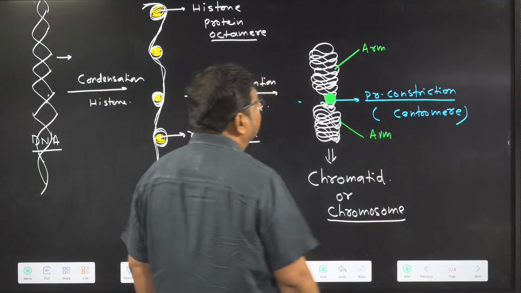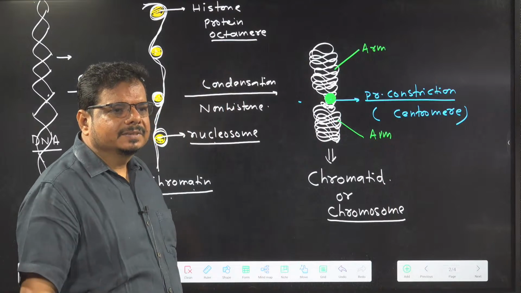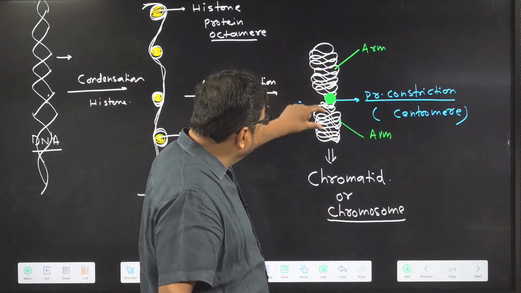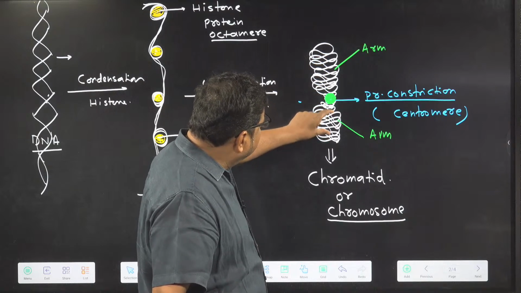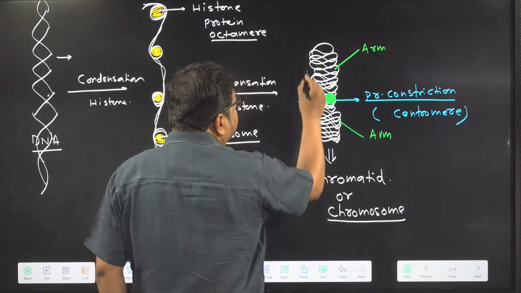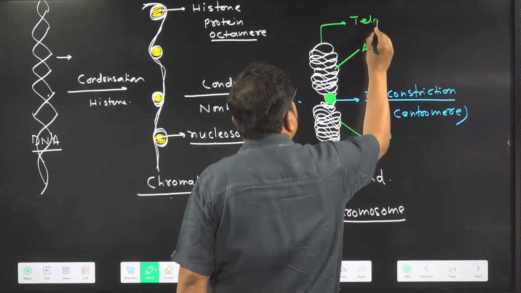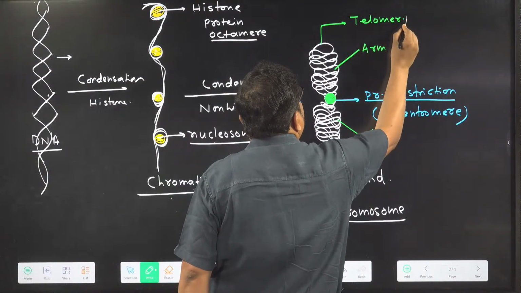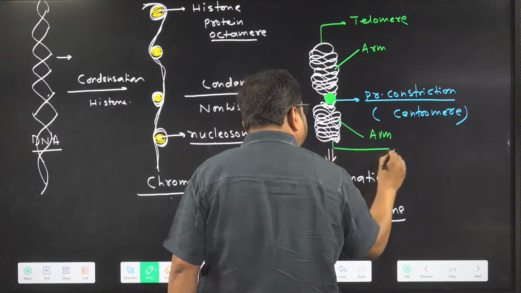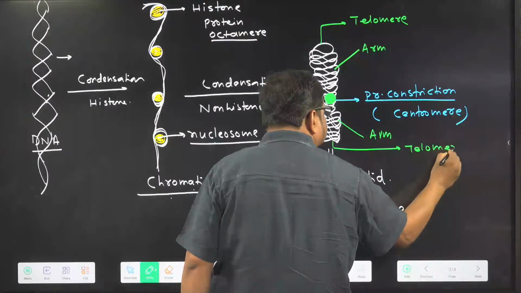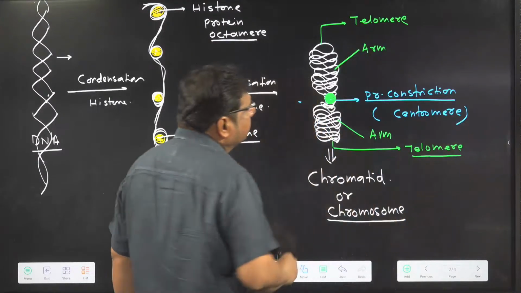This is an arm of the chromosome or chromatid. And at the tip, here it is called which one? Telomere. Picture came in the mind.